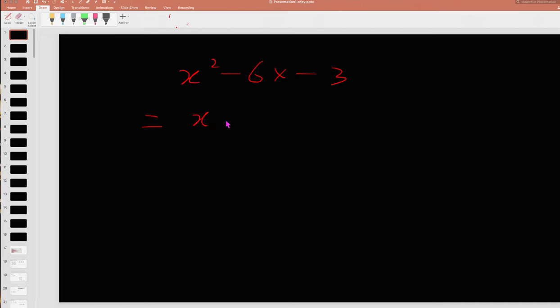X minus 3 bracket square minus 6, minus 6. Very good. Actually you can double check whether you get back the original. So how? Just open this.